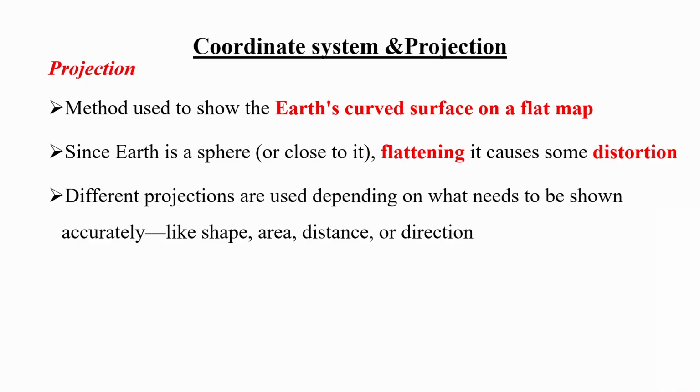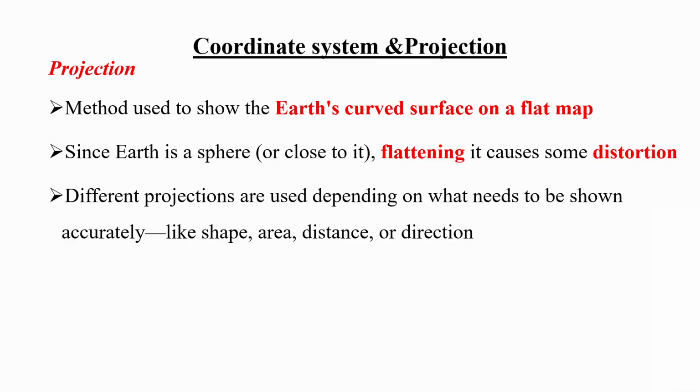Sometimes when we do the projection, we miscalculate some shapes, areas, distances and directions, which may be slightly tilted or miscalculated. Therefore, an exact projection does not exist. Almost the entire world uses WGS, the World Geodetic System, and the Mercator projection.